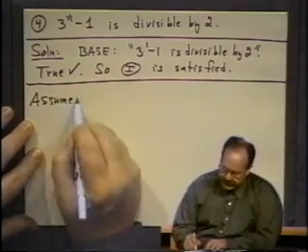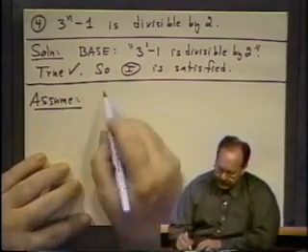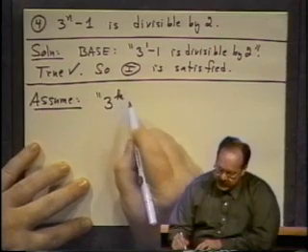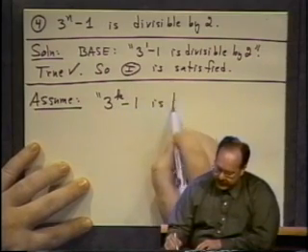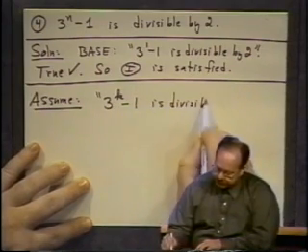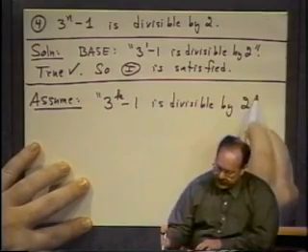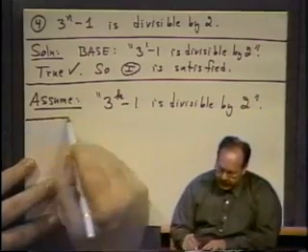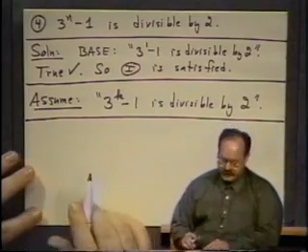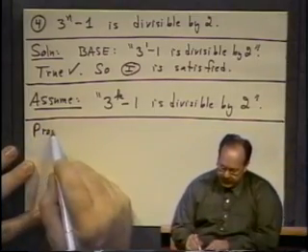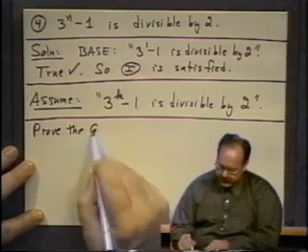Okay, that part was easy. We will write down the assumption now, as we've done before. And the assumption is this phrase, 3 to the k minus 1 is divisible by 2. Okay, there's that. That's always easy to do. And now I want to prove the goal, so I need to state the goal statement.